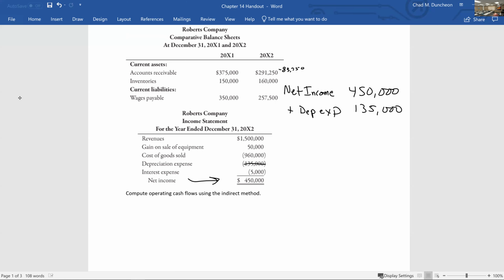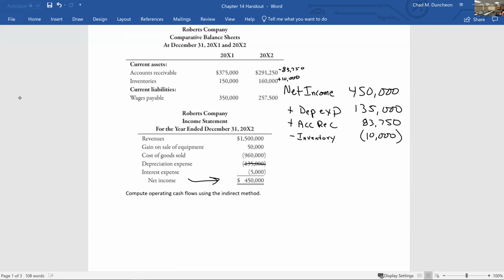So if that's an inverse relationship, I am going to add that to my statement of cash flow since it went down. On the other hand, my inventories are also a current asset. They went up by 10,000, okay? So if it went up and it's an asset, I'm going to subtract it on my statement of cash flows. And that's it for my assets.